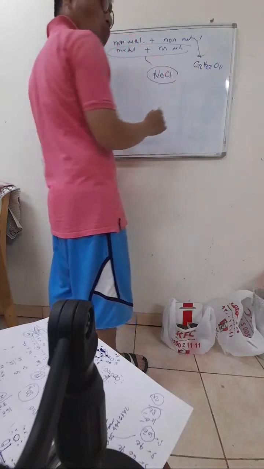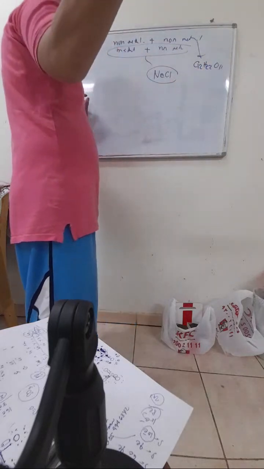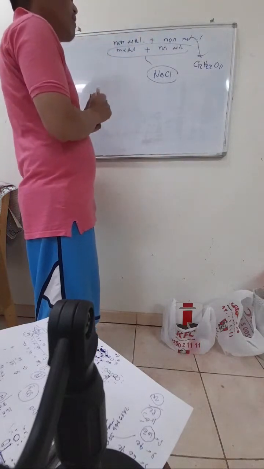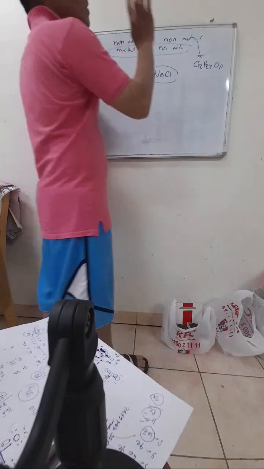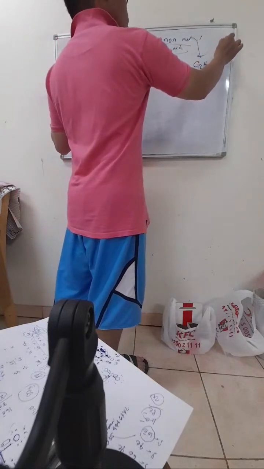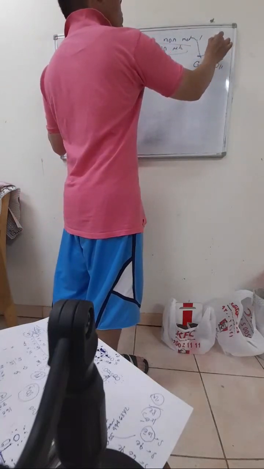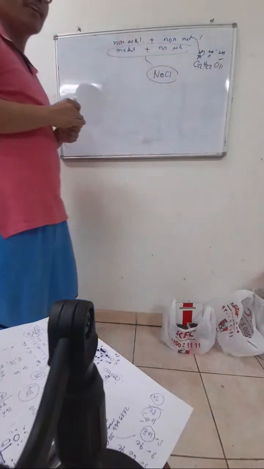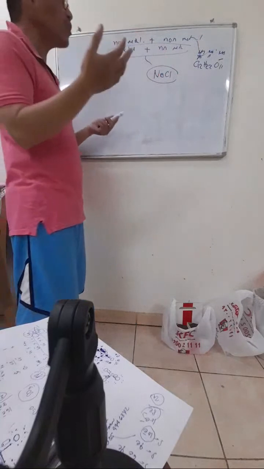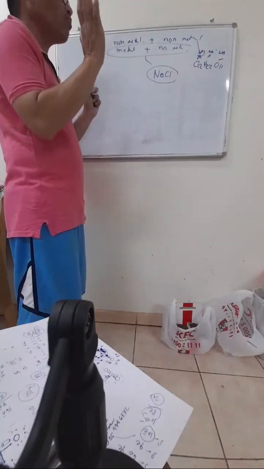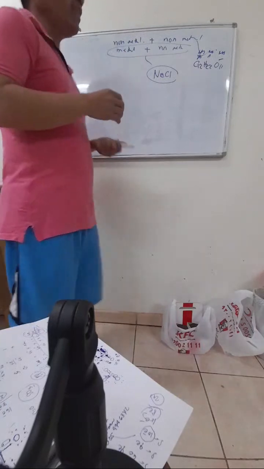This is the formula of sucrose, the refined sugar, the white sugar, or the table sugar that we have in our kitchen. So this is a molecular compound. Why? Oxygen, non-metal. Hydrogen, non-metal. Carbon, non-metal. Now we can distinguish between molecular and ionic compounds. So it's very easy now to detect.